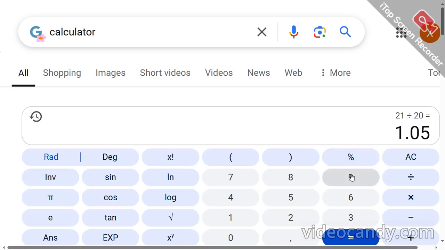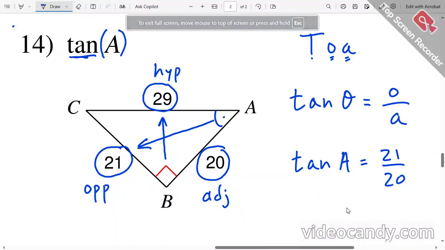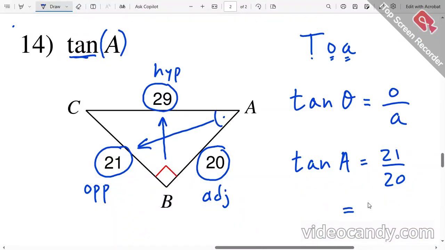But for this one, you don't have to. It's 1.05. So for this one, there was no round off. It was just 1.05 for the final answer. Everything is the same, except at the end, you have to use the calculator and possibly round off.